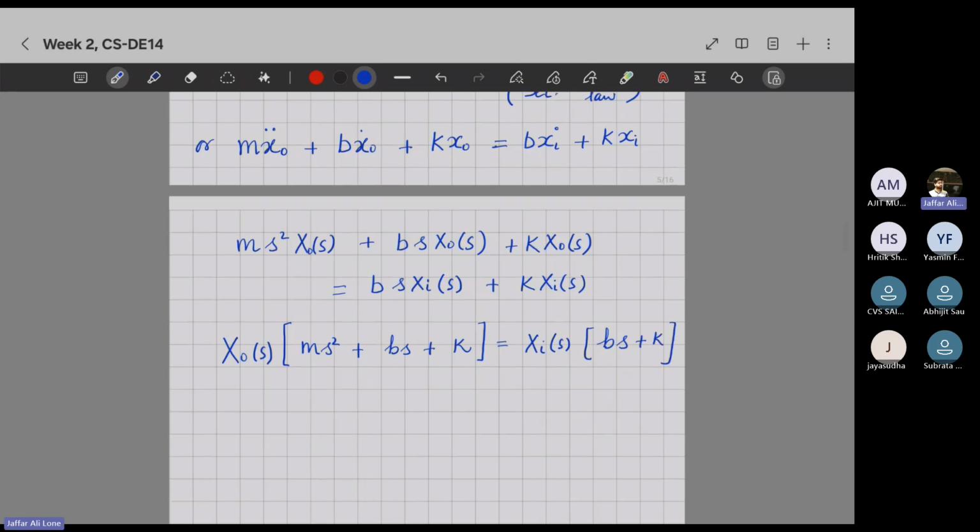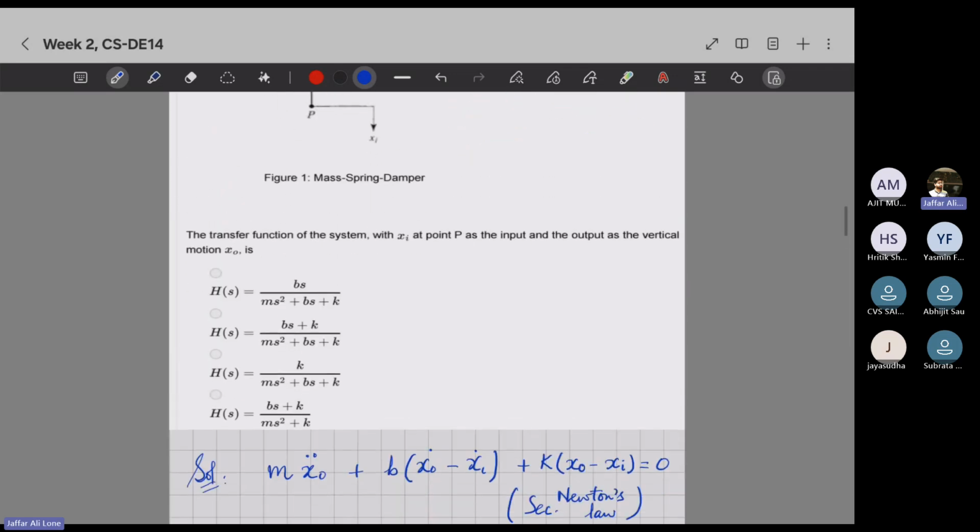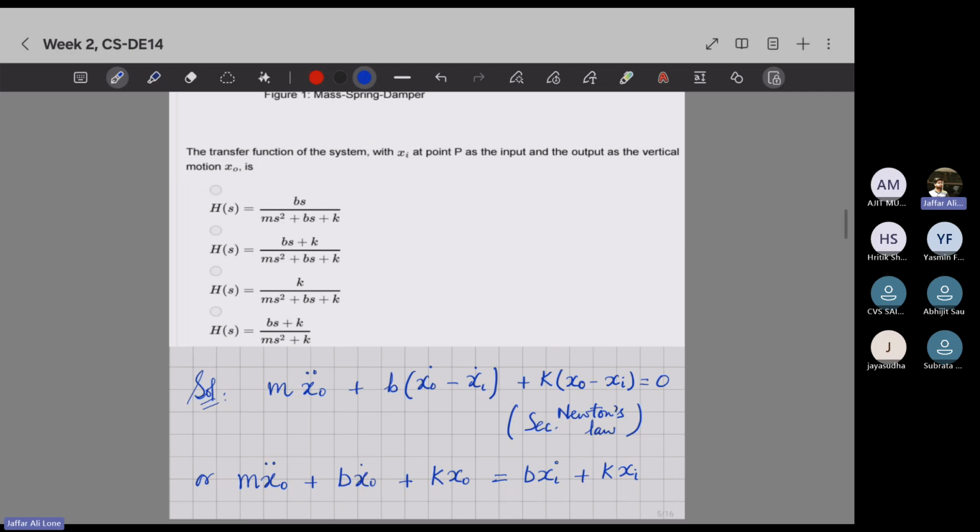Now you'll get the transfer function, that is X naught of s over X i of s, which will be equal to b s plus k divided by m s square plus b s plus k. Okay, so which option is the correct option? Now tell me which option is the correct option.